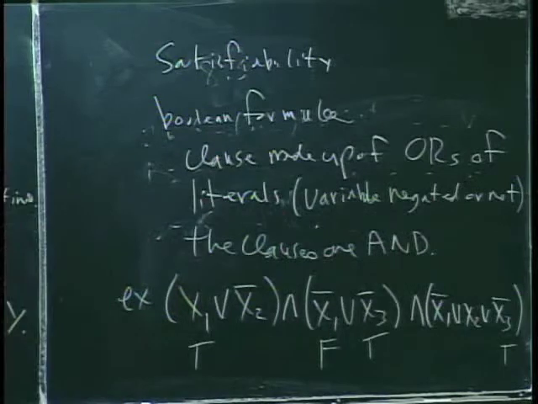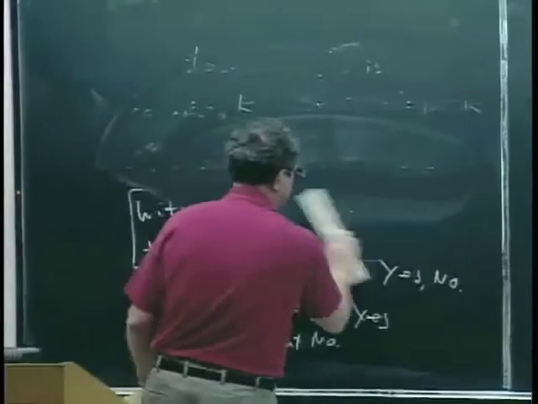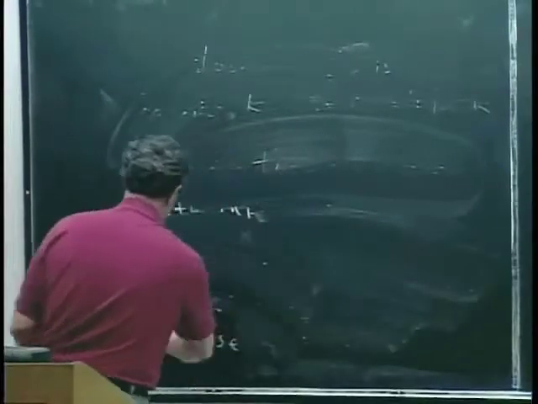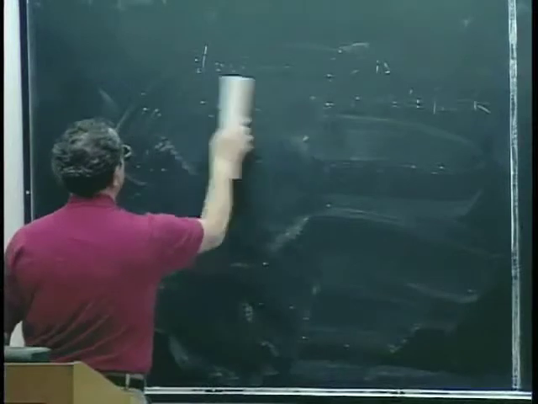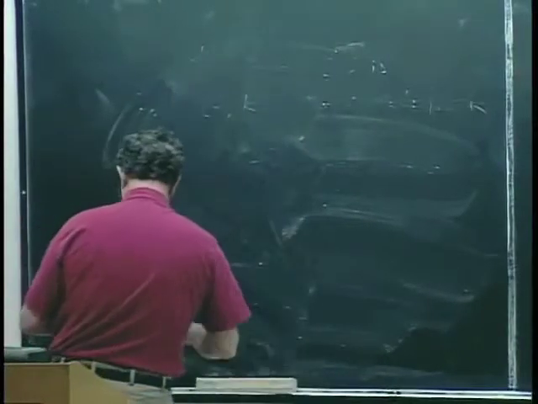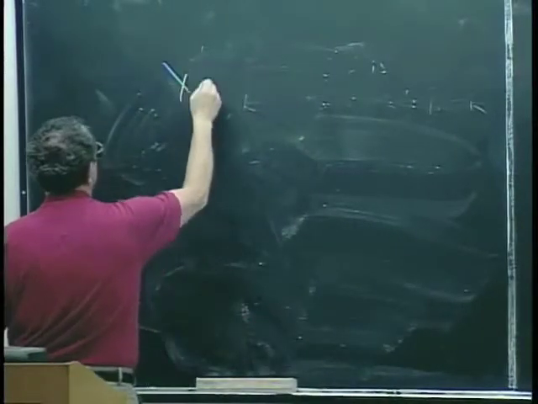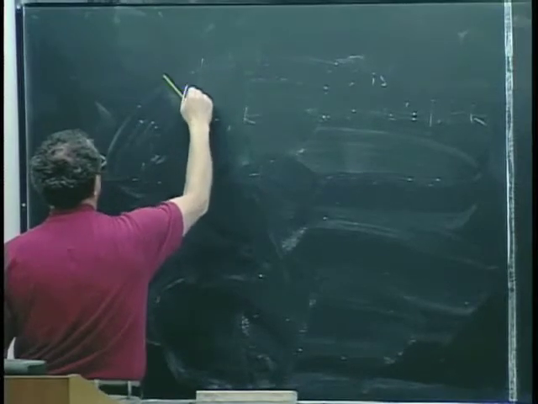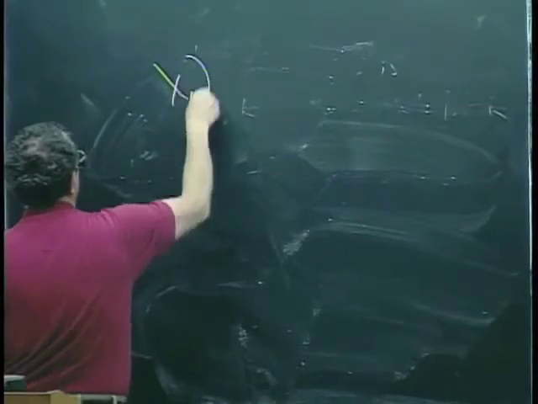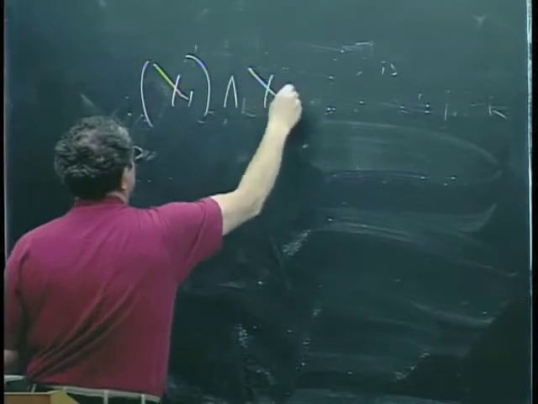As an example of a Boolean formula that you cannot make true: x1 and x1 bar.